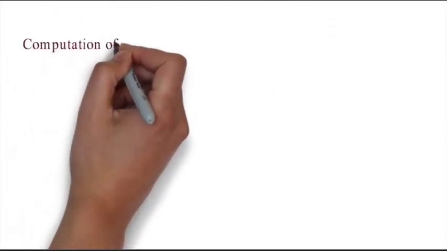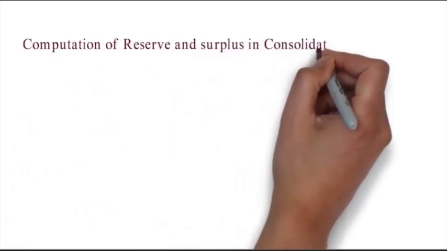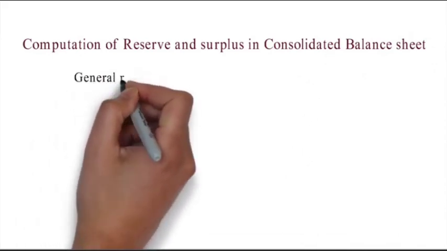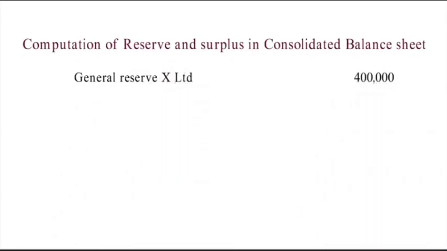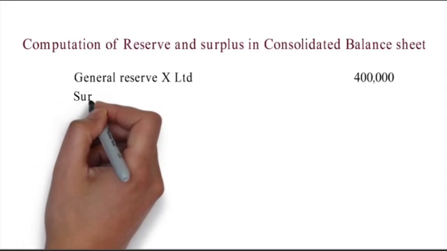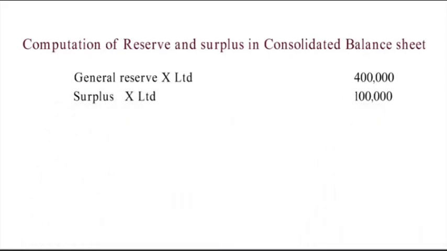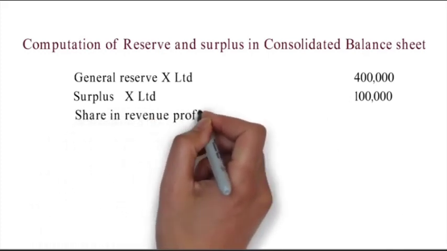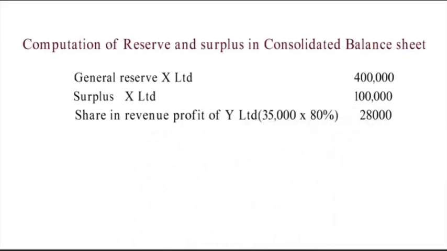Then before preparation of consolidated balance sheet, we compute reserve and surplus. We have to show in consolidated balance sheet. General reserve of X Limited, given in our question, 4 lakh. Surplus of X Limited, given in question, 1 lakh. Share in revenue profit of Y Limited, revenue profit 35,000 into share 80%, that comes to 28,000.